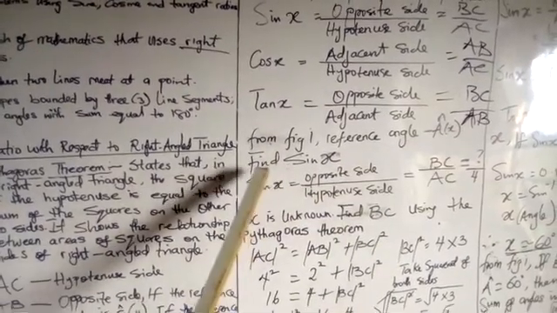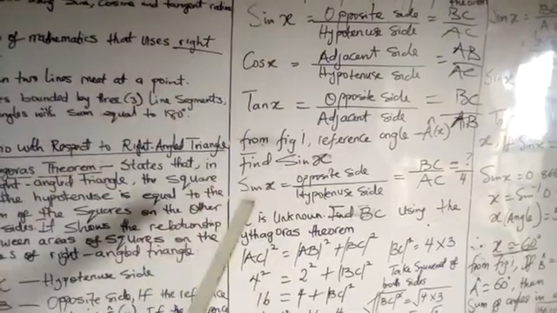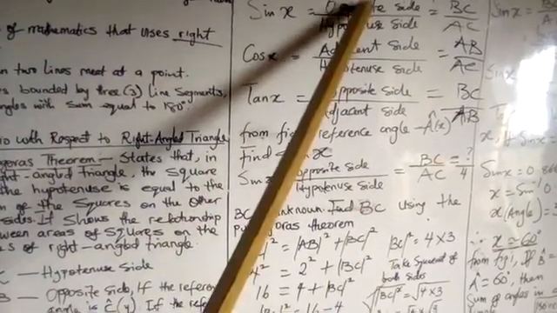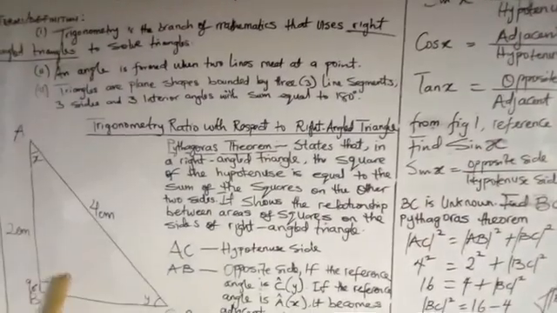They ask us to find sine X. For us to find sine X, we need the opposite side, which is BC, and BC is unknown.